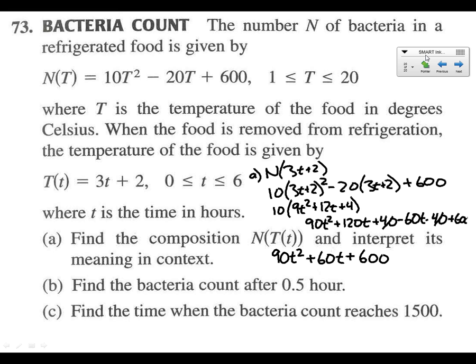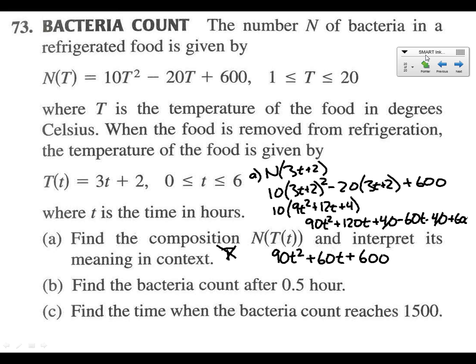That is our function. Let's interpret its meaning in context. We can determine now the amount of bacteria just by knowing how long it's been removed from refrigeration. We no longer need the temperature of the food. We've gotten rid of the big T variable entirely.